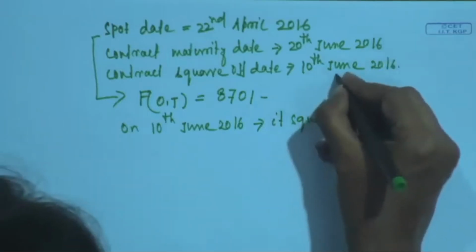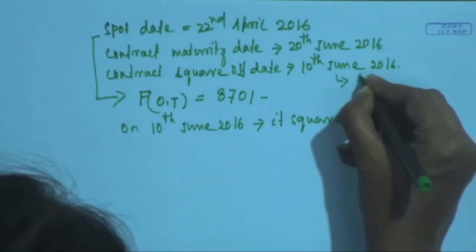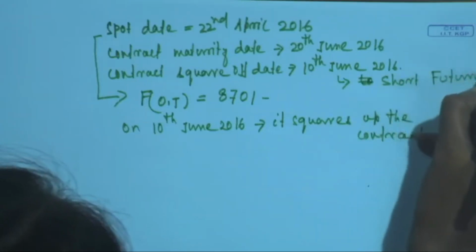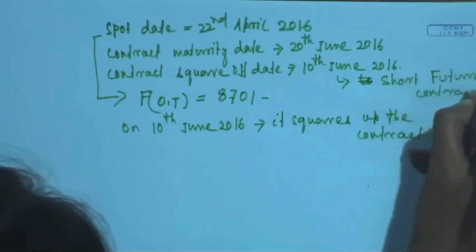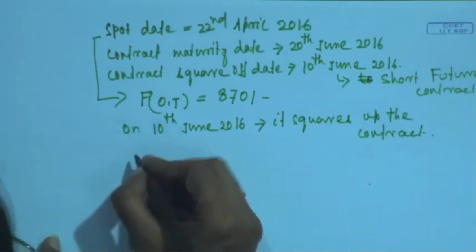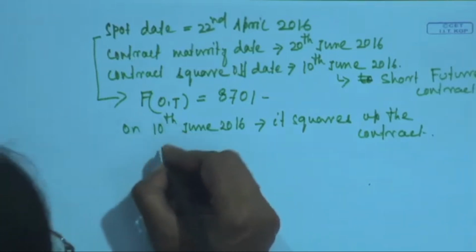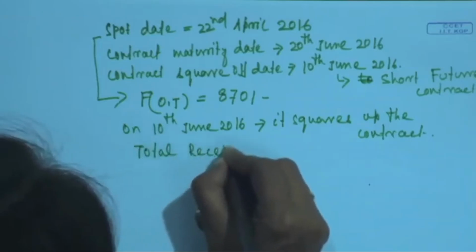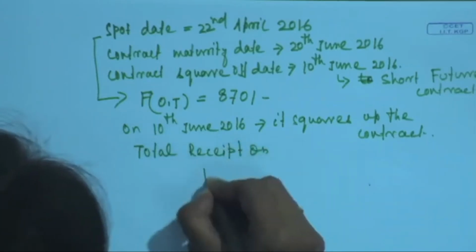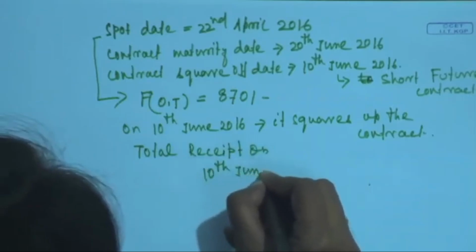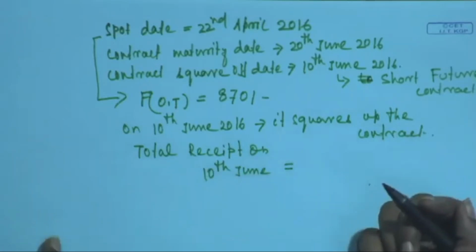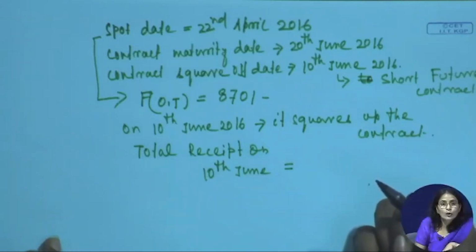So it had taken a short futures contract. Total receipt on 10th June will be the price at which he will be selling the underlying in the local market, that is the spot price prevailing on this date.